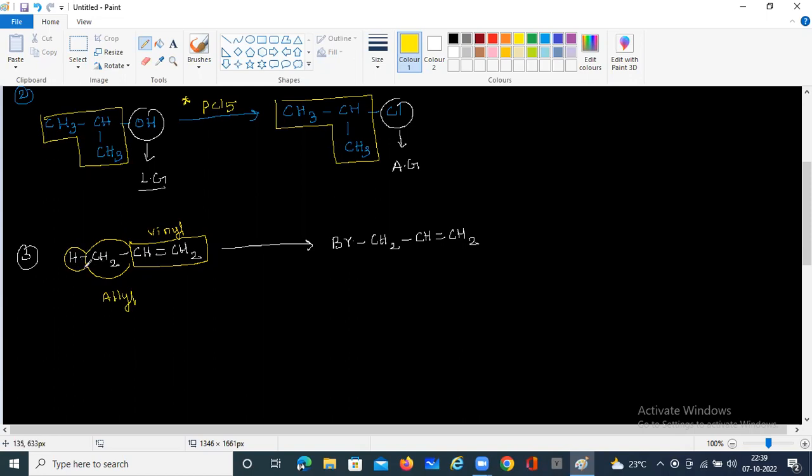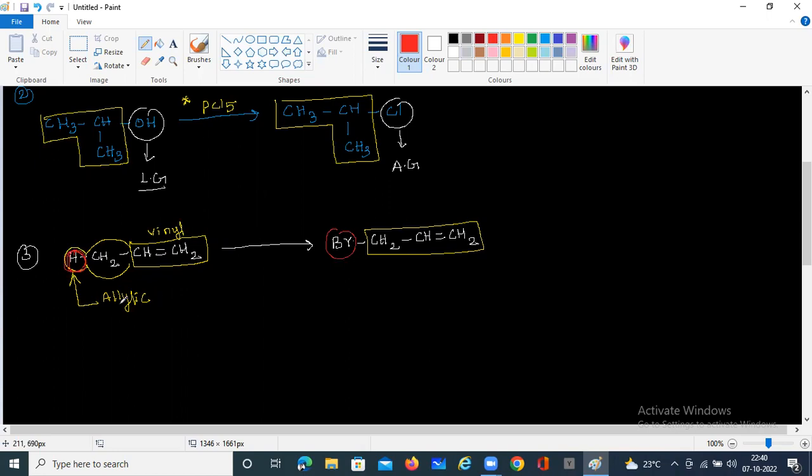instead of that CH3. Then this hydrogen is known as what? Allylic hydrogen. What is that, beta? Allylic hydrogen. So here the remaining compound is the same, isn't it? Comparing the substrate side and the product side, only this one differs. This hydrogen, in its place a bromine atom is replaced.